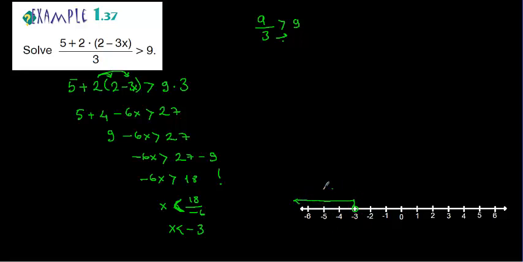It's going to show this side, and the set form for this one is x such that x is an element of real numbers and x is less than minus 3, is the solution of this question.